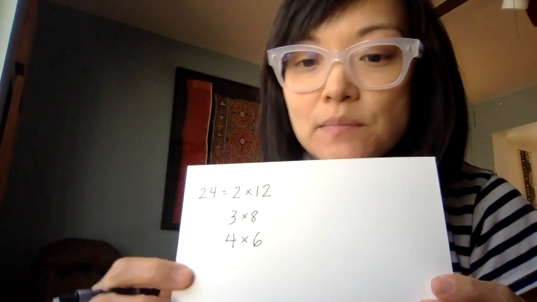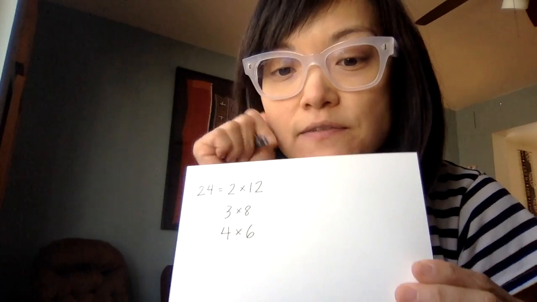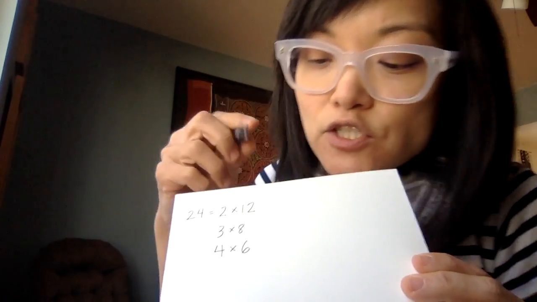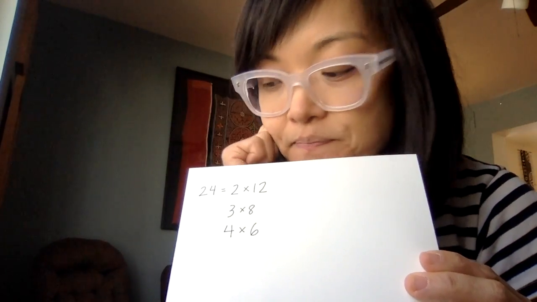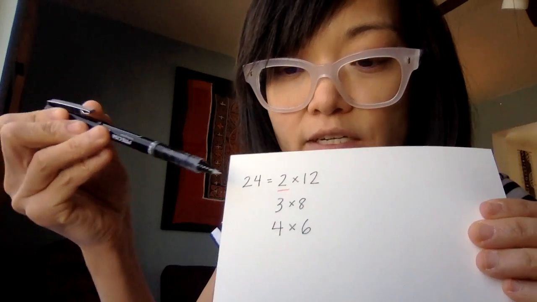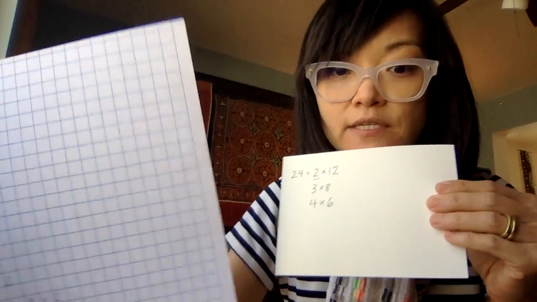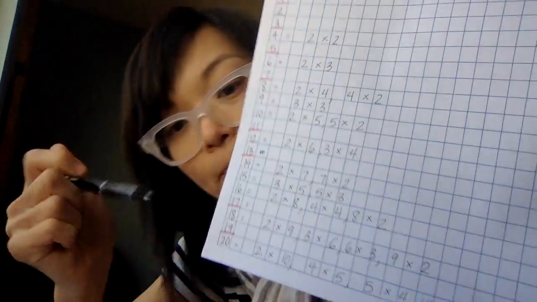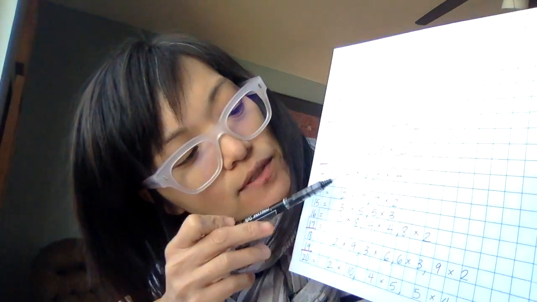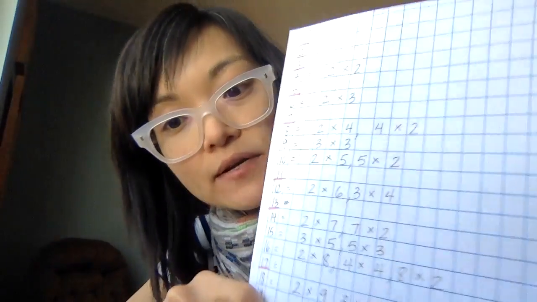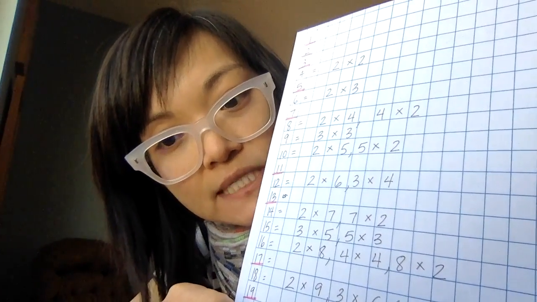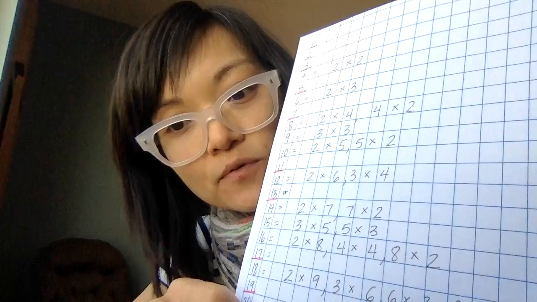When we look at this number, 2 times 12, if you look, 2 is a prime number, so we're going to underline the prime number. But if you look here, 12, if we go back to this sheet, 12 is equal to 2 times 6 and 3 times 4, right?